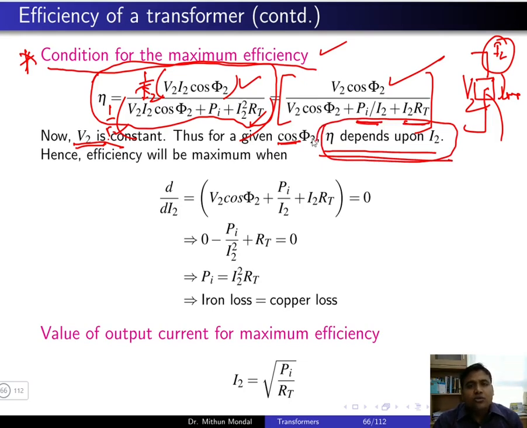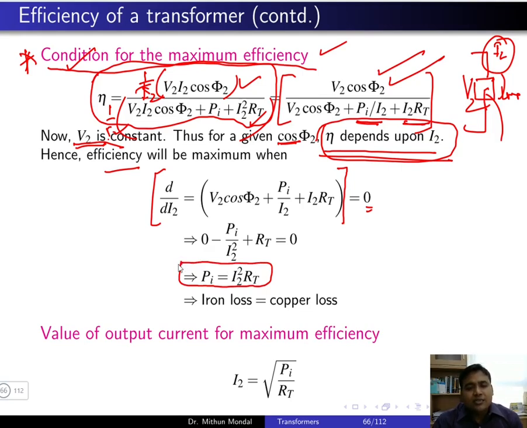So in order to determine the condition for maximum efficiency, you have to differentiate the efficiency equation with respect to I2 and then equate it with 0. If we do that, a condition will be achieved that Pi is equal to I2 square into RT.